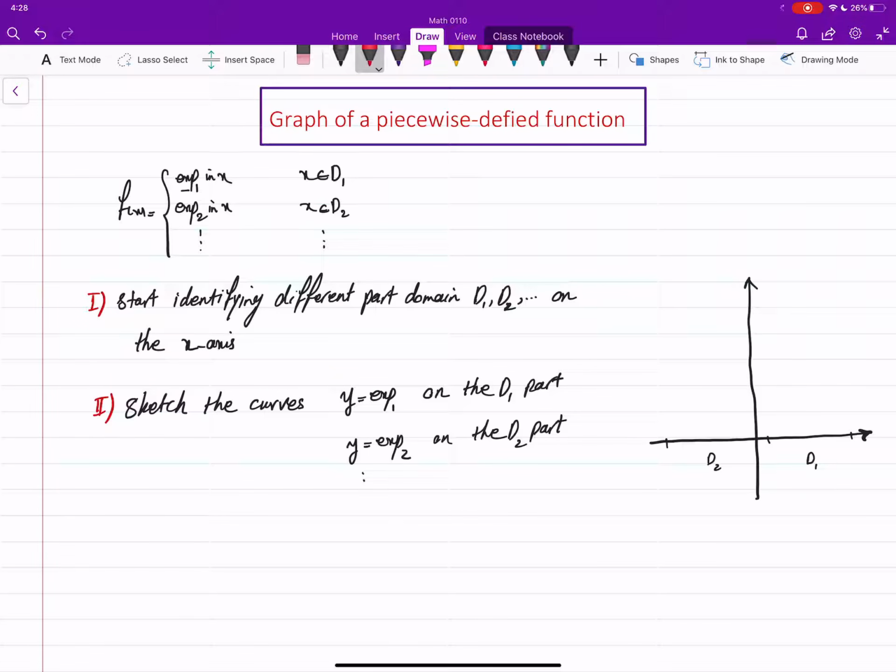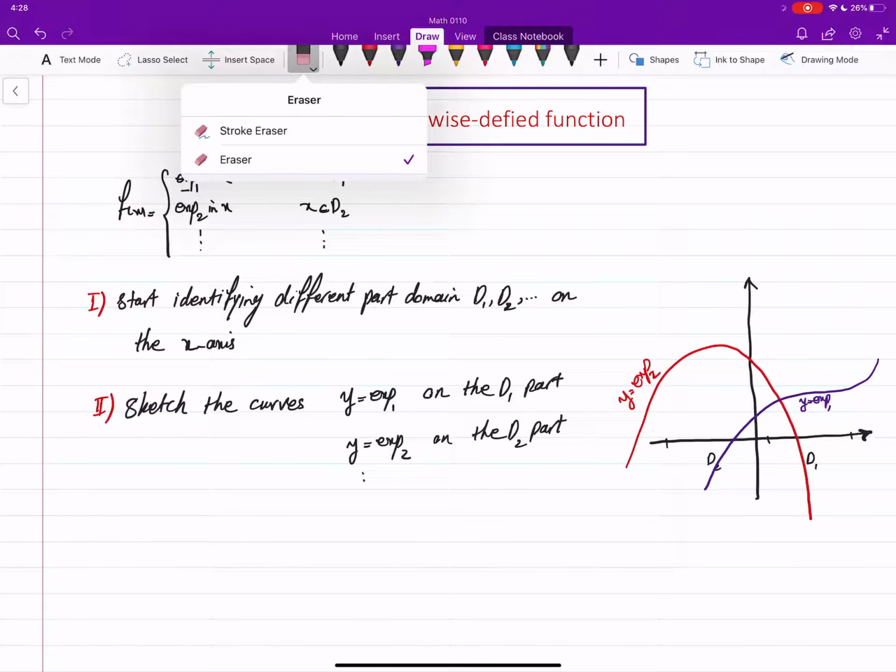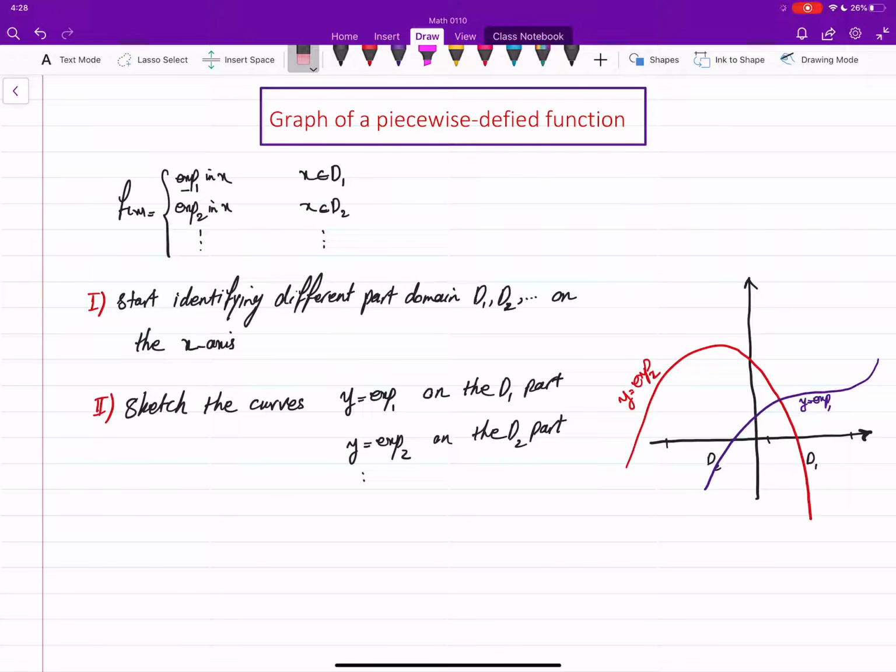So for example, if y equals expression 1 is like this, and this is expression 2, and here this one is for expression 1. Well, we need to keep only the parts which are on the related domain.